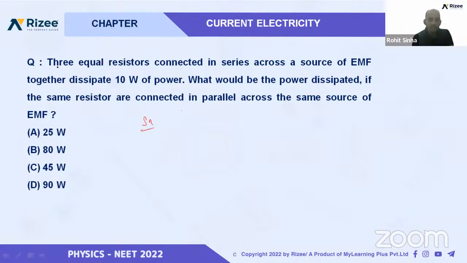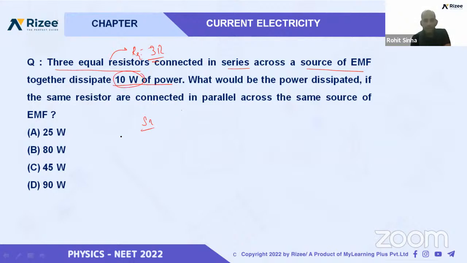Okay, let us see. The question is telling that three equal resistors are connected in series across a source EMF and together dissipate this much power. That means R equivalent will be equal to 3R. The power dissipated is 10 watt.